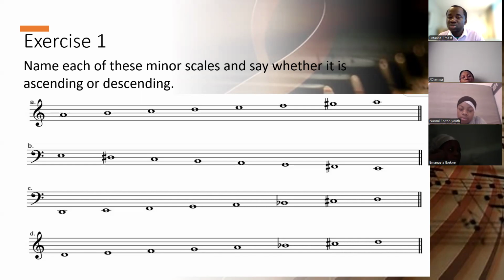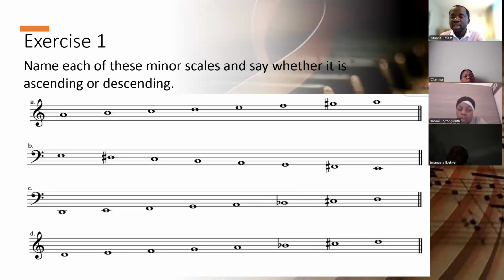So why is the sixth note flattened? Because its relative major is also flattened. What is the relative major? The relative major of this D minor, Sister Naomi, is F major.